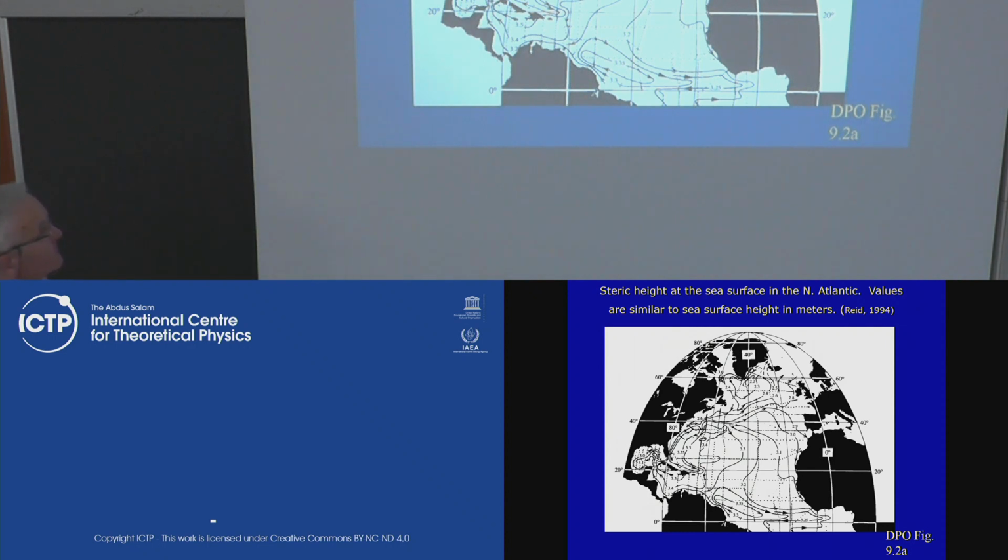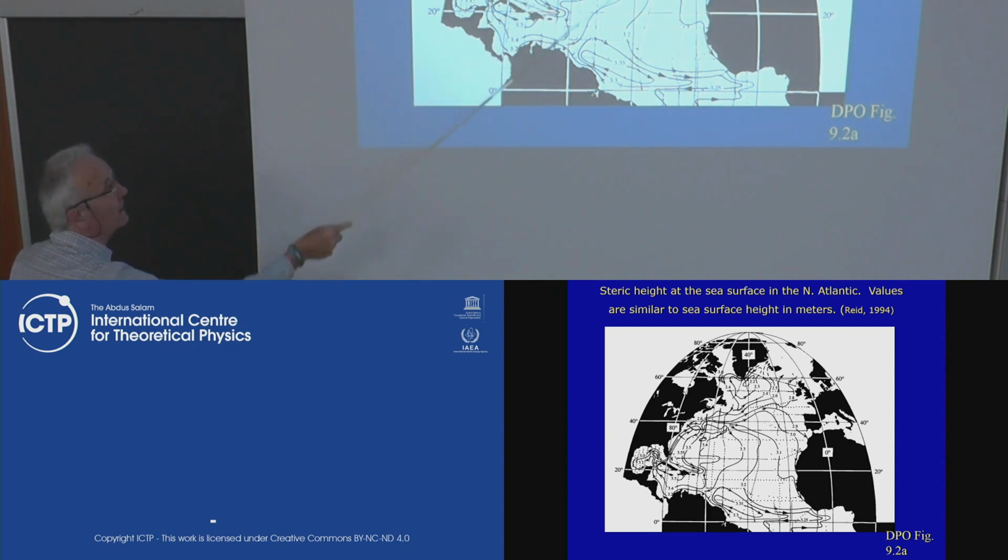Here is something called steric height, which is similar to the sea surface height. Steric height depends on the specific volume. The higher the specific volume, the higher the sea surface, the steric height.